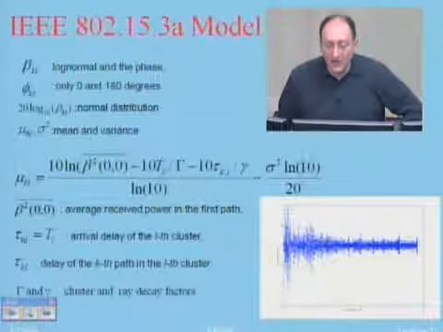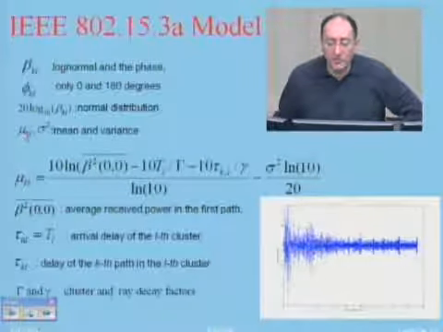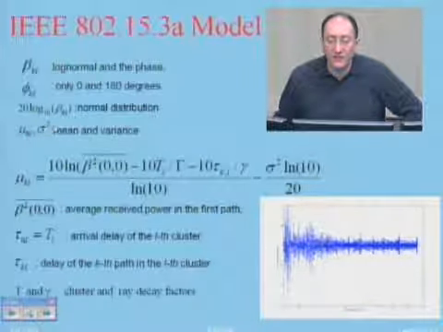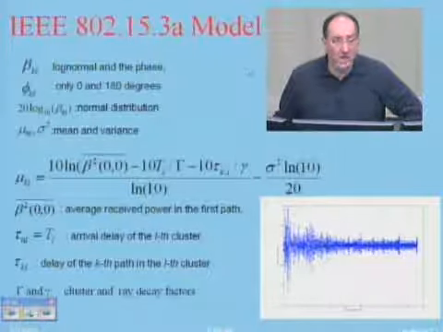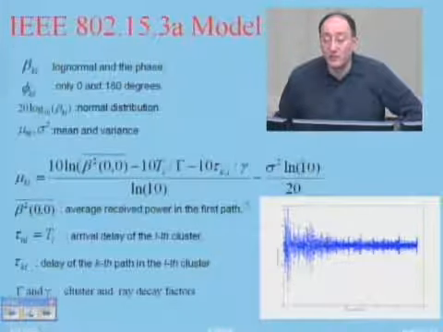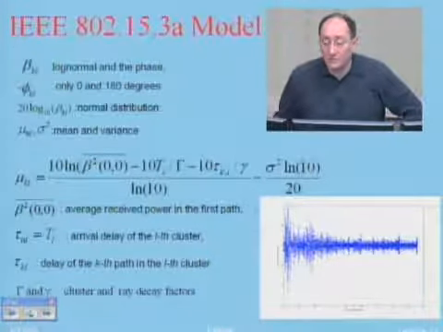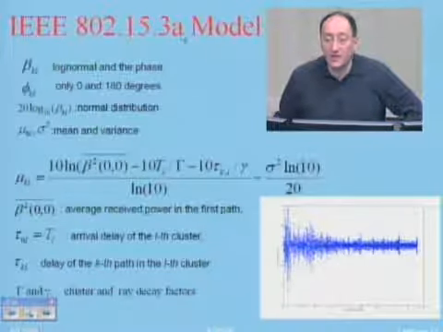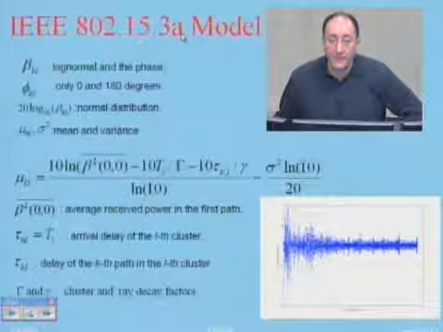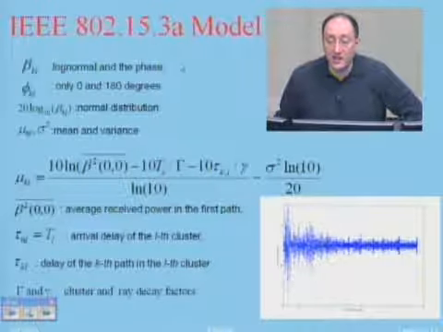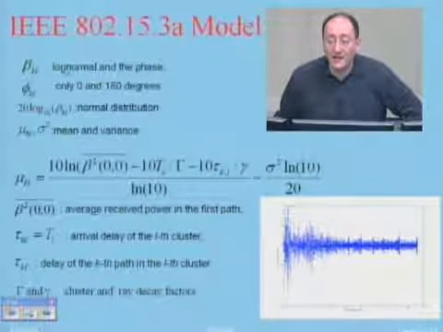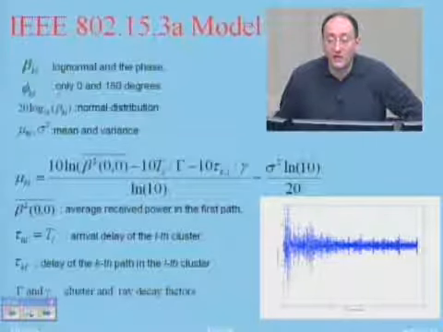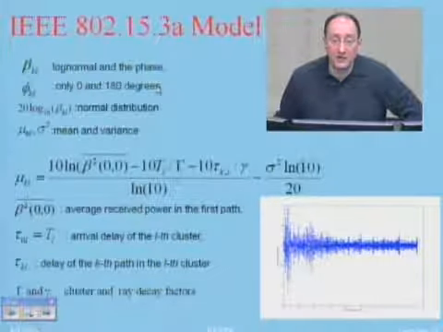These are the equations for calculation of the mean and variance of this log normal distribution. I mean, the detail of that is not that important. The only point is that they are specified by 802.15.3a. But in the specification, the key is that the paths are log normal. Phase is not uniform. It's just binary.